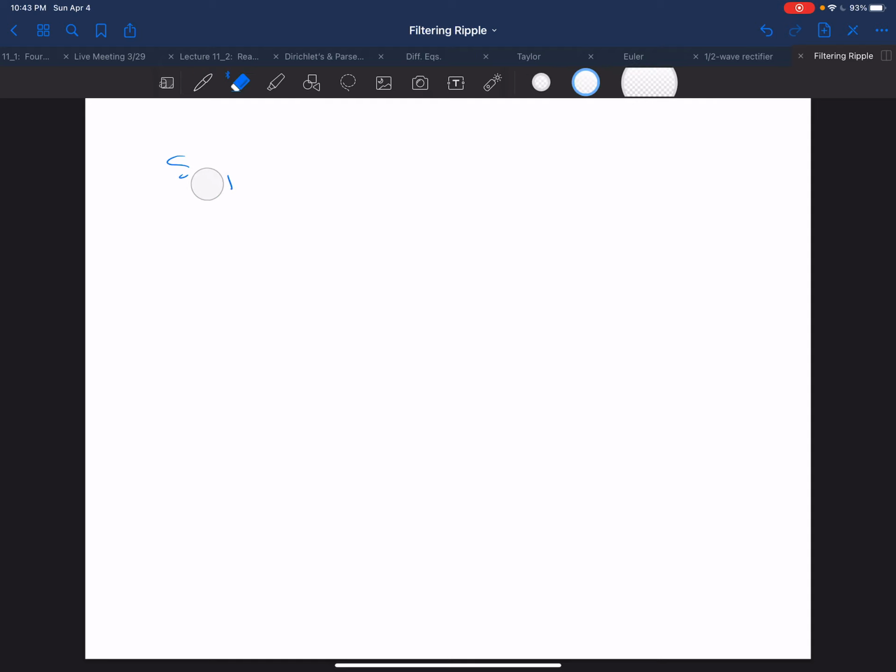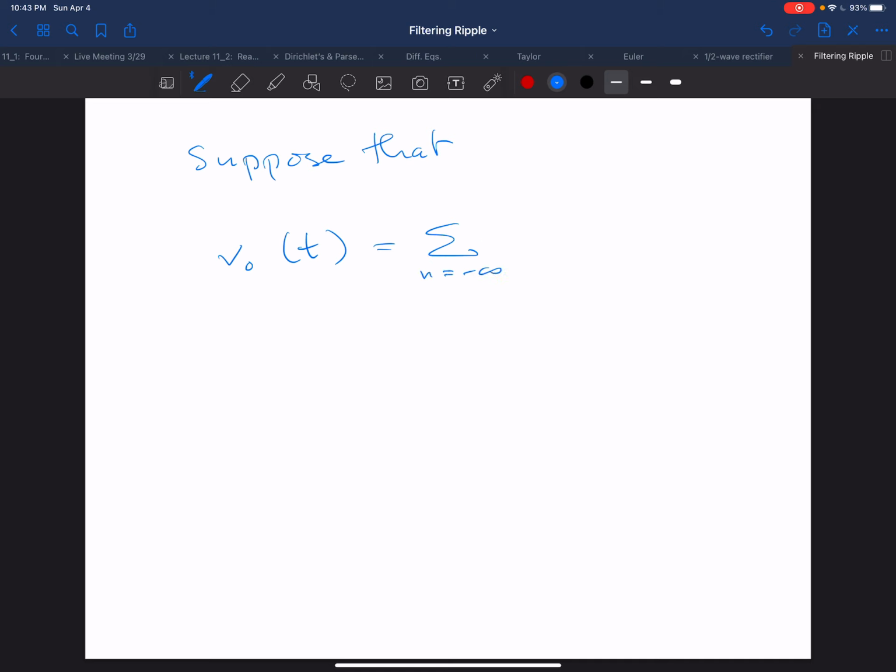So suppose that the output of our rectifier is given by a Fourier series, such as the ones we showed last time. So it's the sum from n equals minus infinity to infinity of c sub n e to the j 2 pi n over capital T little t, or it could be written in terms of real valued sinusoids.